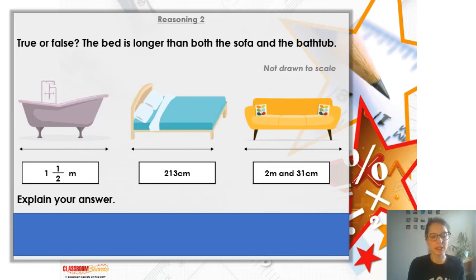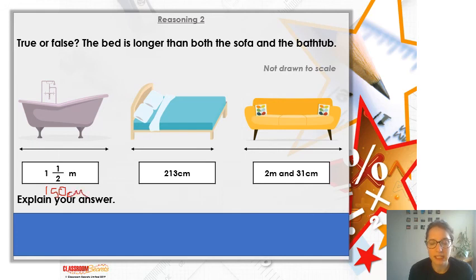Okay, let's have a look. So let's convert them first. Can you remember what half a meter was in centimeters? So 100 centimeters is 1 meter. So half of that is 50. So 150 centimeters for our bathtub.